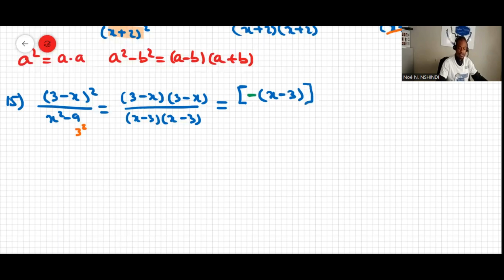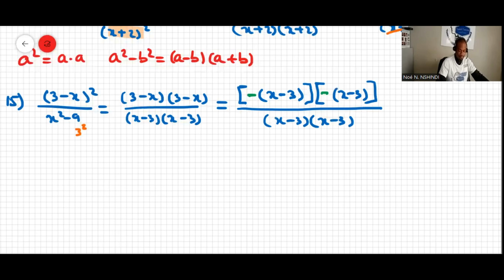And for the other one, same thing, I'll put a negative sign there, and then this will be x minus 3. And then this will be x minus 3, x minus 3. Now the product of the numerator, negative and negative, will cancel out, so it will be simplified. Then we'll be left with that, and we can simplify this with that, and that with that, equal to 1.